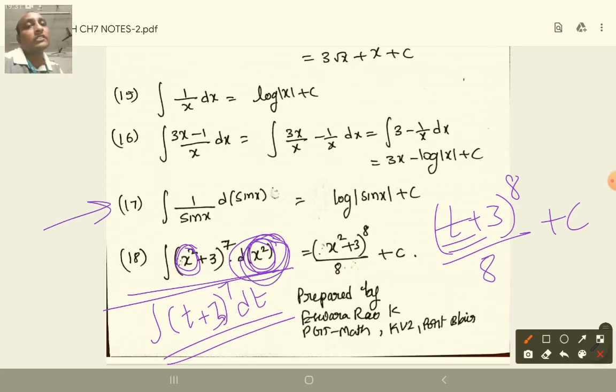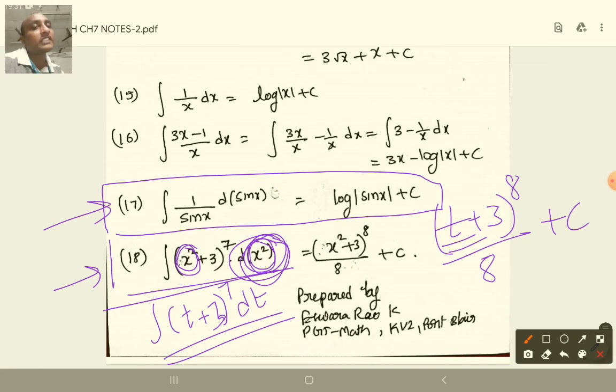But these kinds of questions will not come for the exam, but the thing is, these kinds of questions will lead to one kind of method which is called the substitution method in integration. After this video, we are going to know what the substitution method is. So some methods of integration I'm going to explain, and for that it will be very useful.